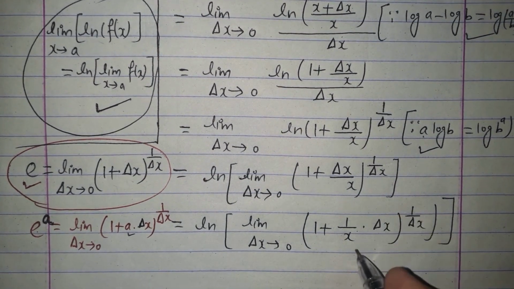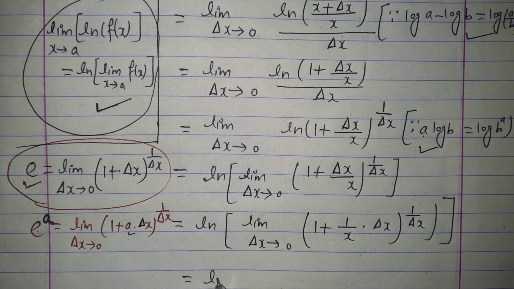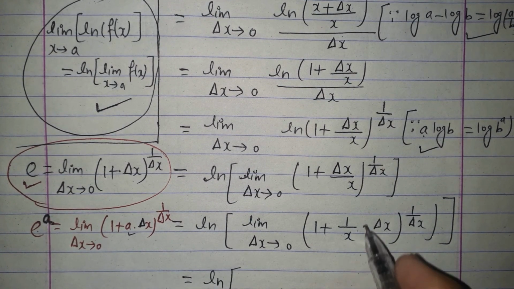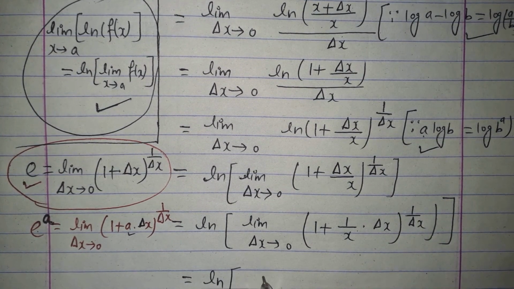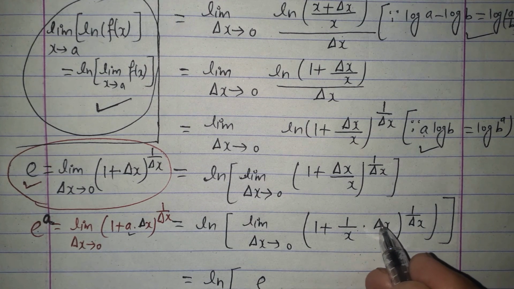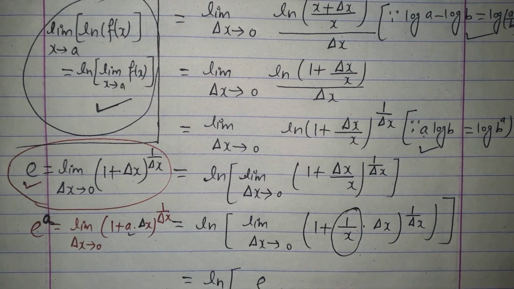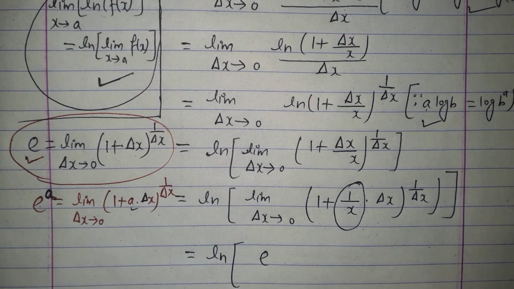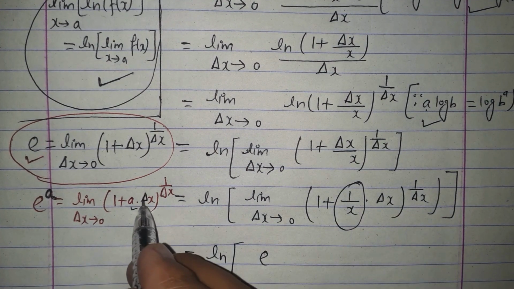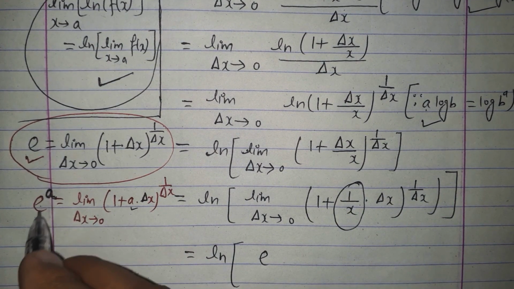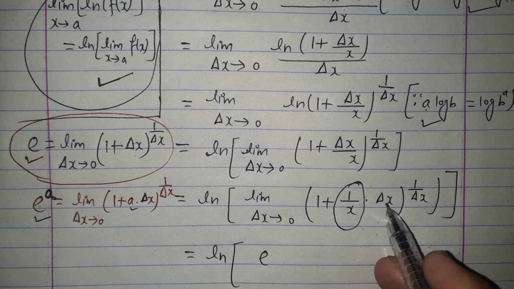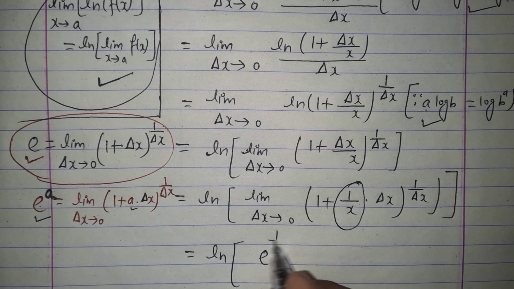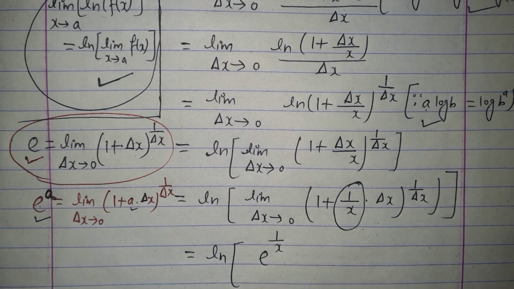This can be further simplified and written as ln of e raised to the power of 1 over x. Before, the coefficient of delta x was a, so e raised to the power of a. Here the coefficient of delta x is 1 over x, so e raised to the power of 1 over x.